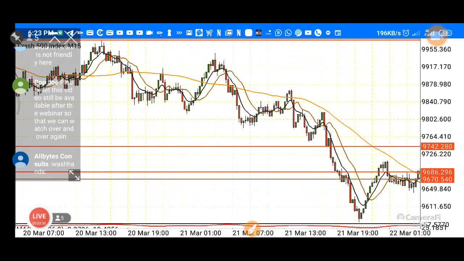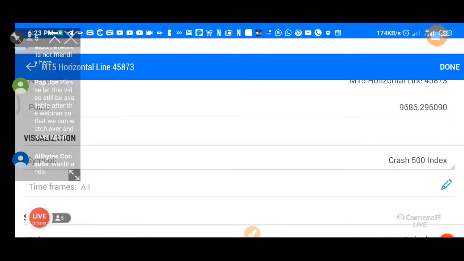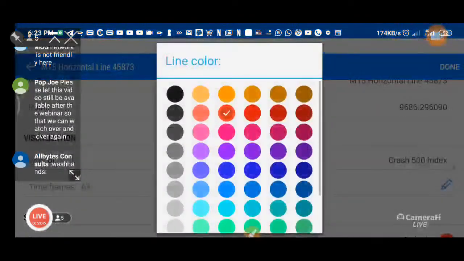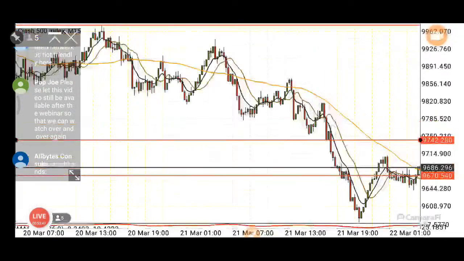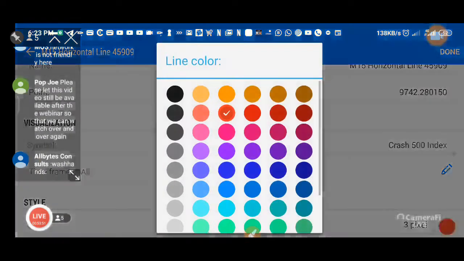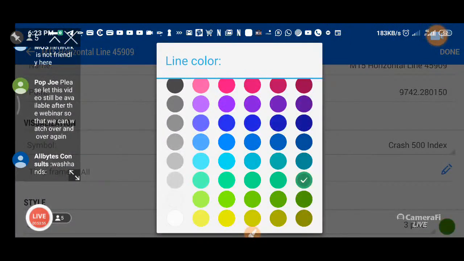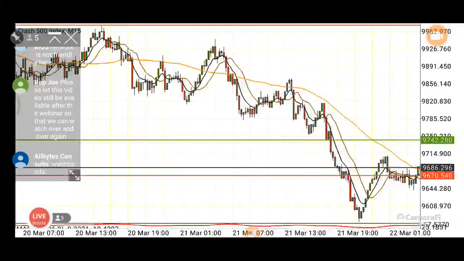So this is the entry, this is the TP. Let me paint the entry as black so it won't get confusing. Let me paint this as green, and the stop loss as red.